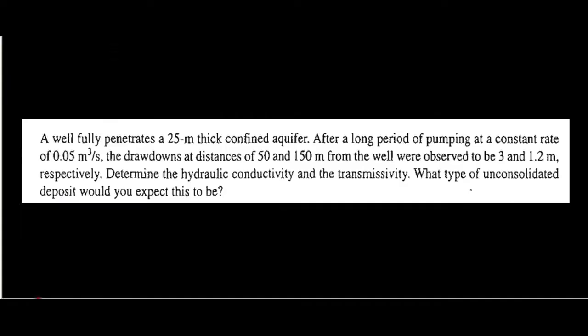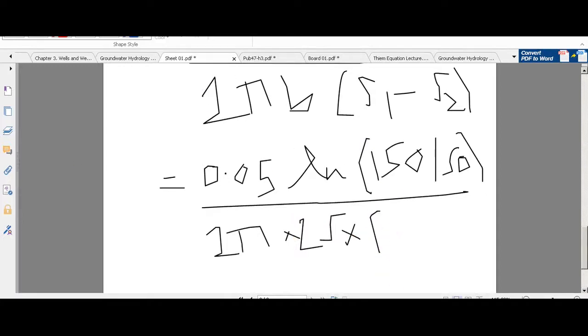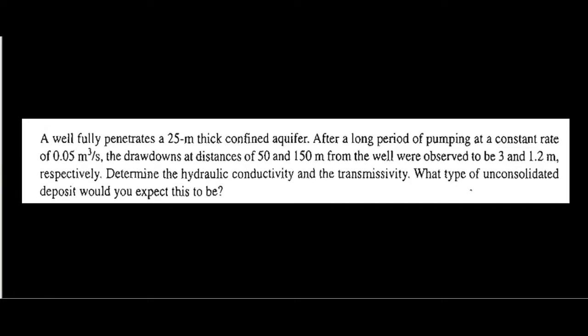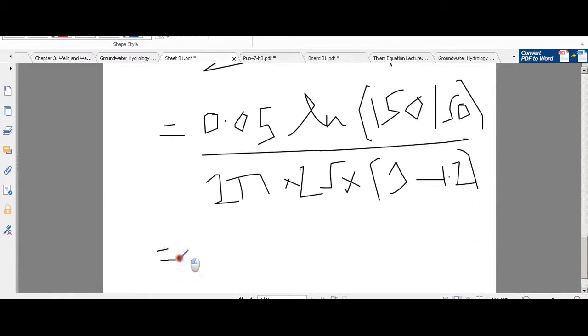The width is 25 meters, multiplied by the difference, S1 is 3 and S2 is 1.2, so 3 minus 1.2. You can just simplify. I'm just going to use the calculator. The top part is 0.05 multiplied by ln of 150 divided by 50.